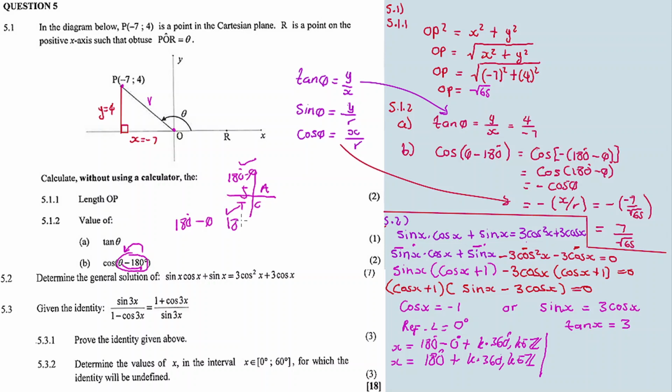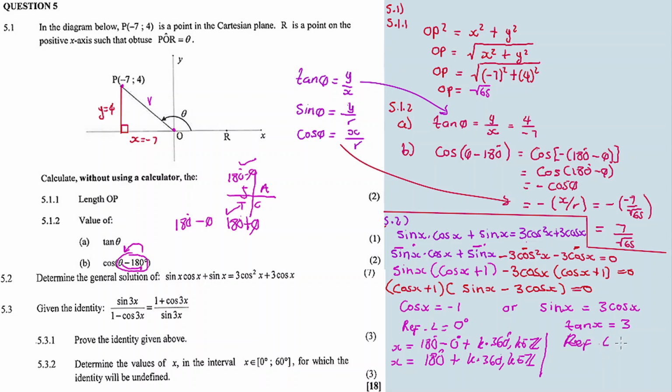In the third quadrant you know it is 180 degrees plus theta. So 180 degrees plus 0 degrees I get 180 degrees. So there's no need to do the second one, I mean there's no need to do it for the third quadrant.